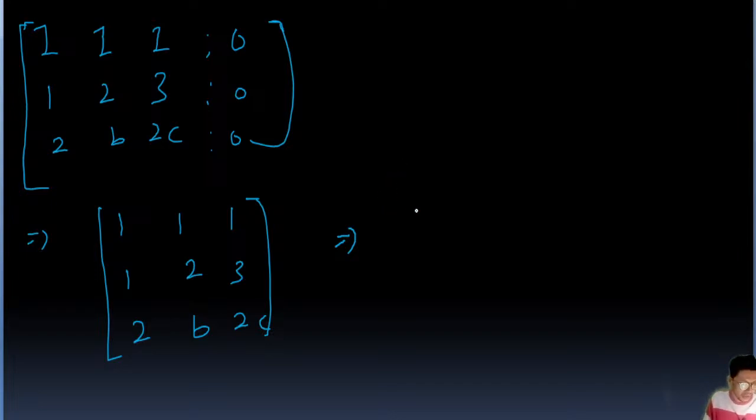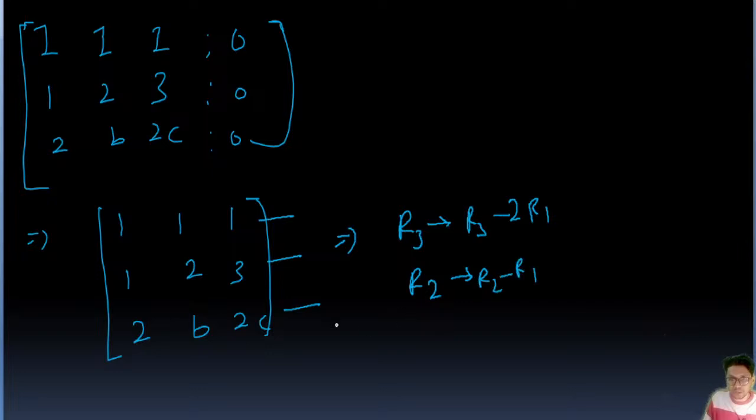The property which we are going to use is that R3 tends to R3 minus R1, and second, R2 equal to R2 minus R1, okay. These two operations we will do in the matrix, and we know how to do it.